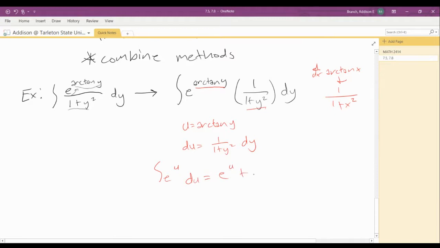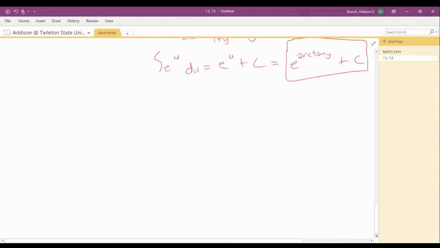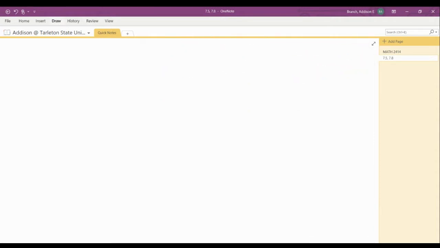Integrate, we get e to the u plus c, which will then go over to e to the arctangent of y plus c. So yeah, that one's actually not that bad once you actually get to play with it a little bit.